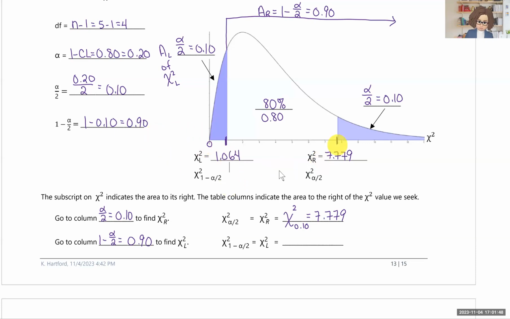So we're having to look up both of these numbers separately. And let's just finish this then. So chi-square left. So officially that would be chi-square subscript 0.90. But again, we can just say chi-square right, chi-square left. And that value came up to be 1.064.